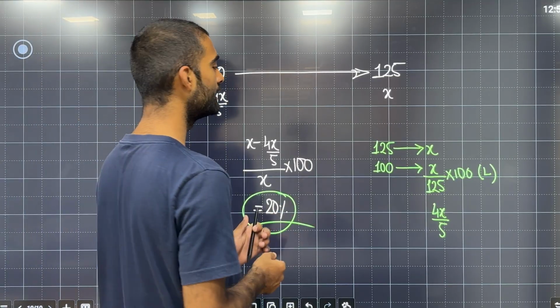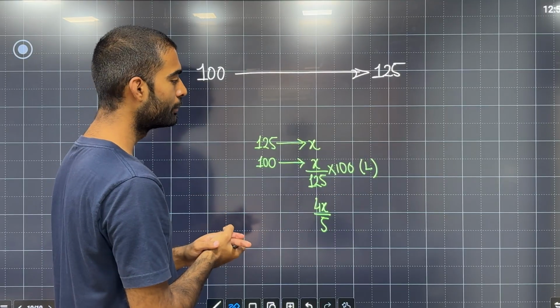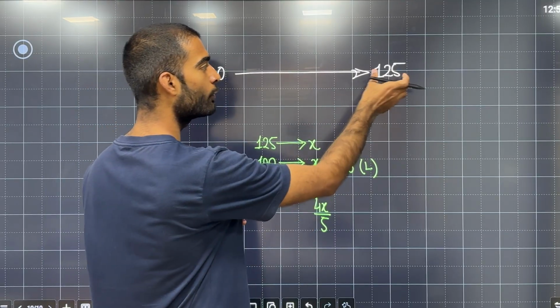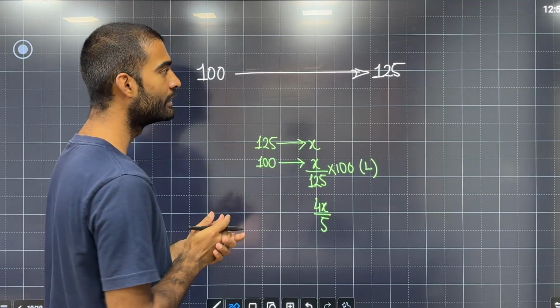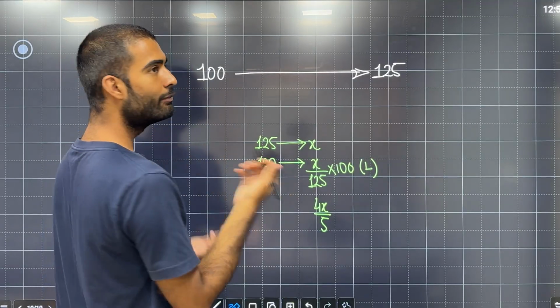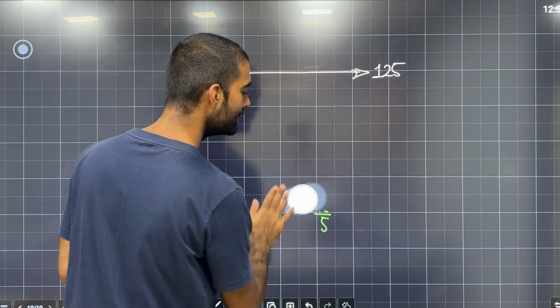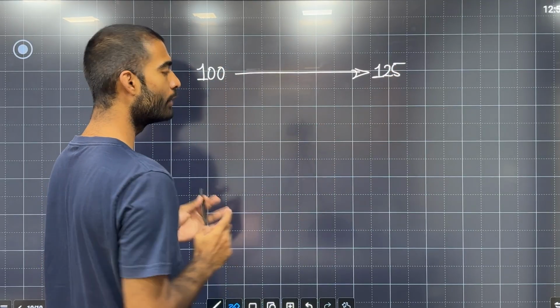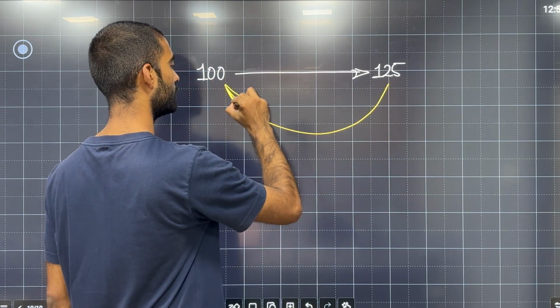But there is a very interesting thing that we could have done. Now this is a proportional relationship, right? So if I assume that for 125 we get 125 liters of petrol, there is nothing wrong with that. So for 100 we are going to get 100 liters of petrol. So the man is decreasing from 125 liters to 100. The direction of the arrow is going to change.